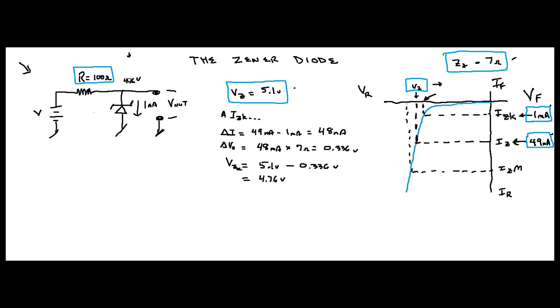Now, that's 4.76. We have 1 milliamp of current going through a 100 ohm resistor, right? So you have to take this into account, right? So if you want to know the voltage drop here, let me write this down.